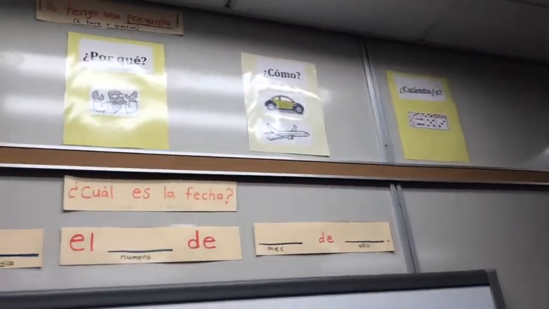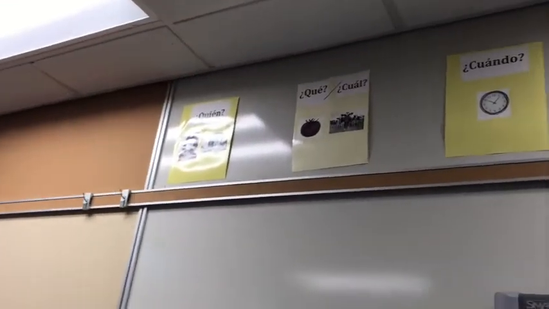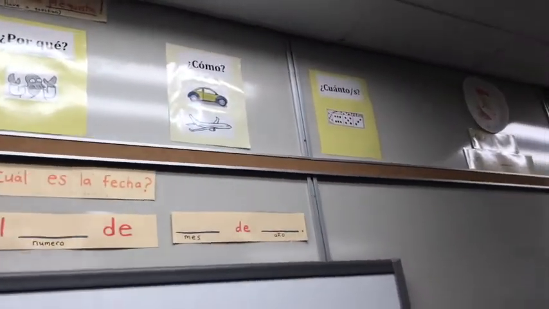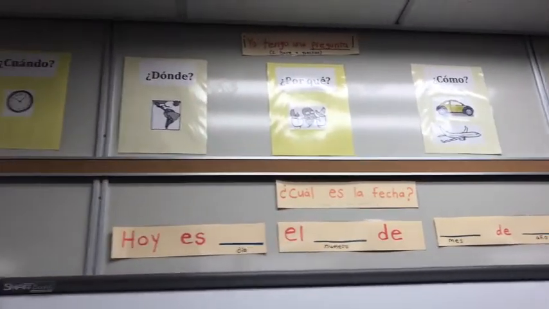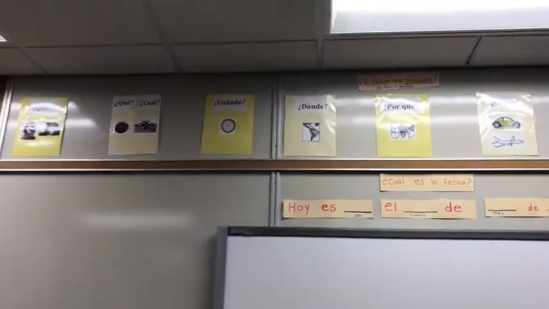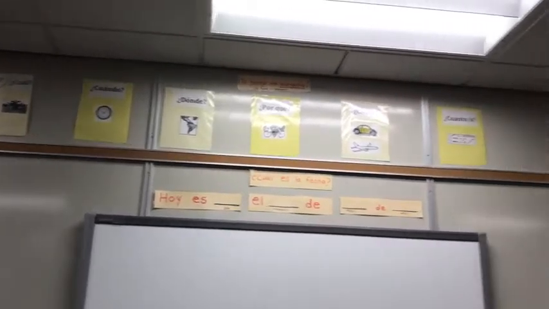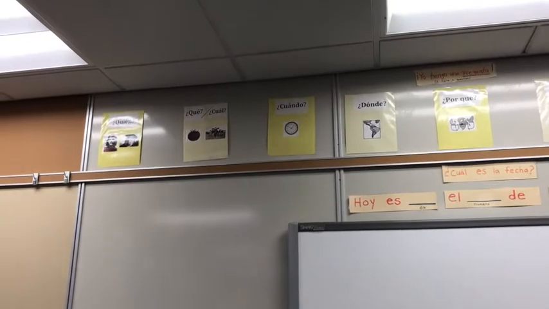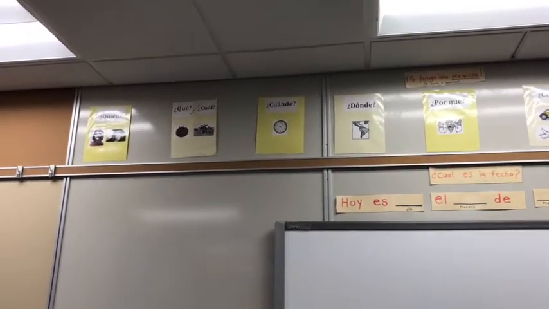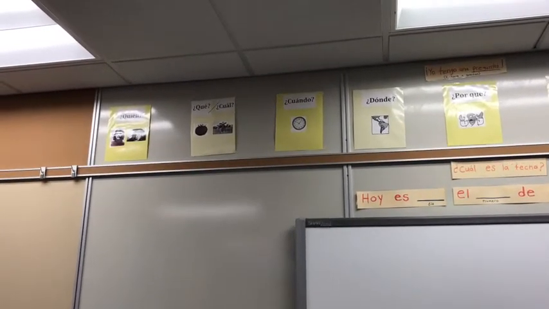The visual cues on these may or may not help you a ton, but remember they do go in the order of who, what, when, where, why, how, and how many. If you remember seeing those every day in class, maybe you started to already ask yourself, what do those mean? And remember, we know what several of them do mean already.